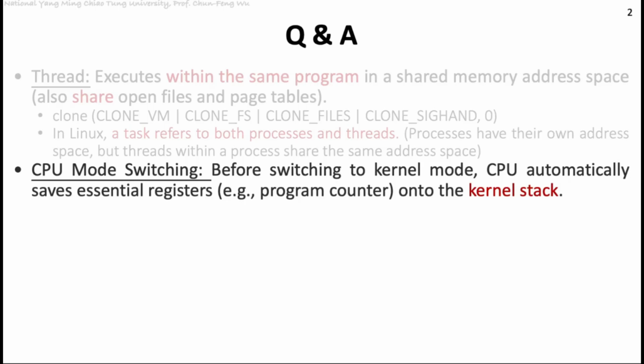Each process has its own kernel stack, and usually the size of the kernel stack is around 2 to 3 pages. So you can think of each process as having 8 kilobytes to 12 kilobytes of space allocated for the kernel stack. When the mode switch happens, the user-related registers are stored in that area. Okay.